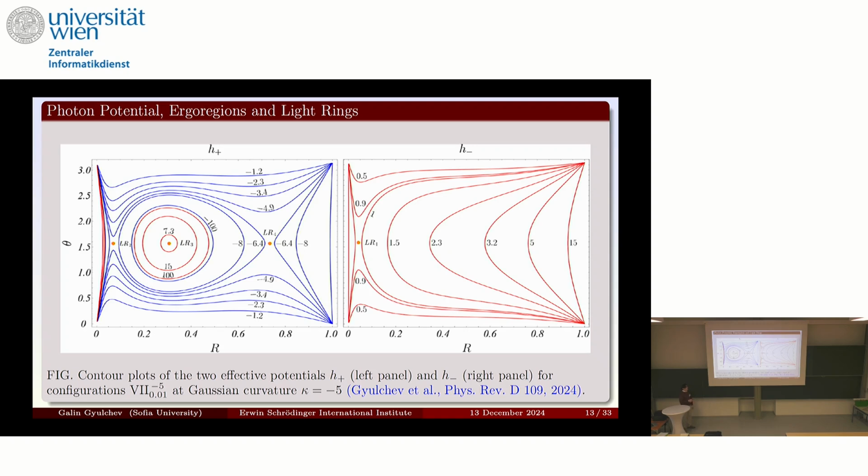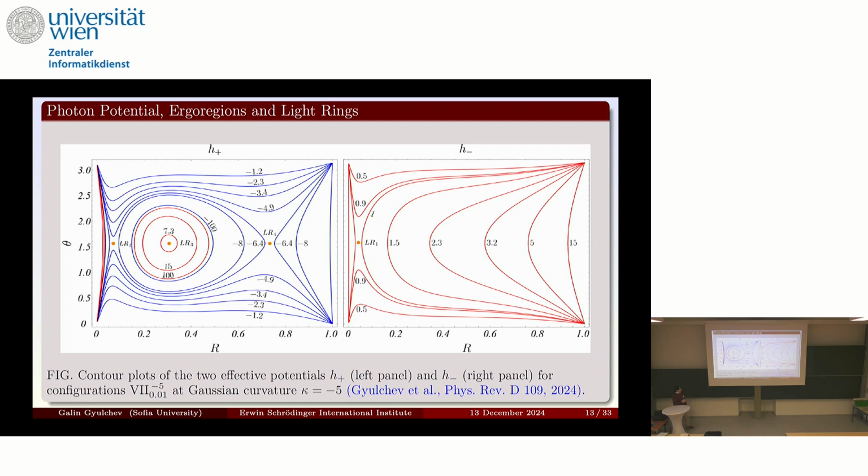And for example, considering the picture on the right-hand side, we can see the outermost light ring, which is a saddle point, so it is stable in the radial direction, but unstable in the theta direction.